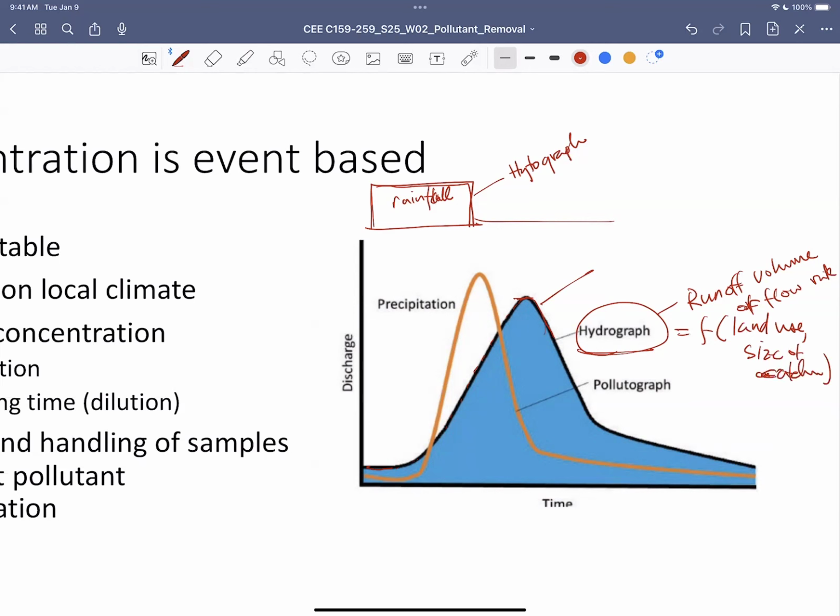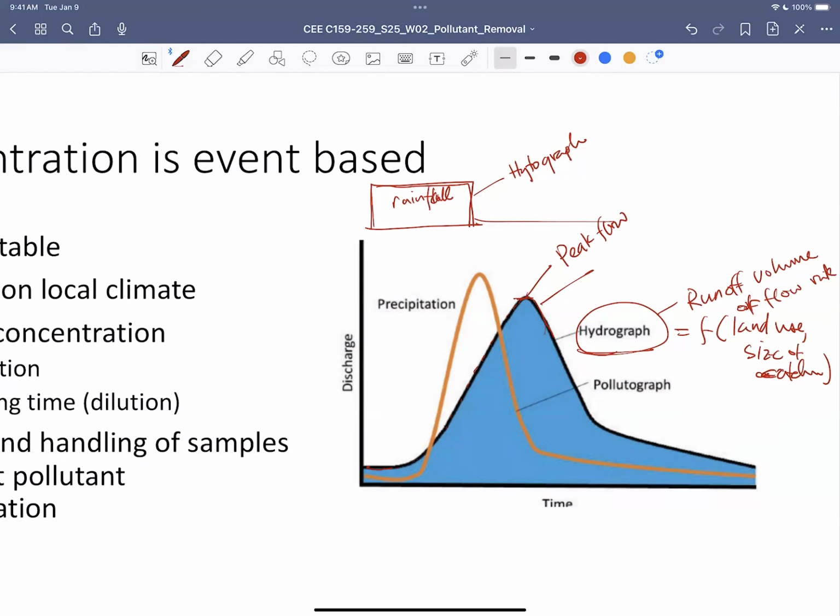Again, the hydrograph is basically how quickly water moves, and this is called peak flow. This peak flow will determine whether the stormwater infrastructure is able to discharge all that water without flooding.